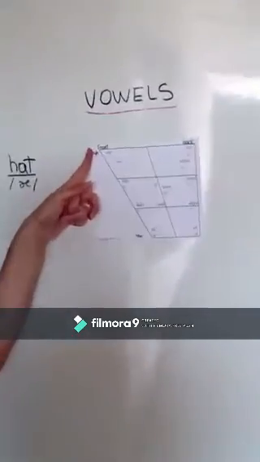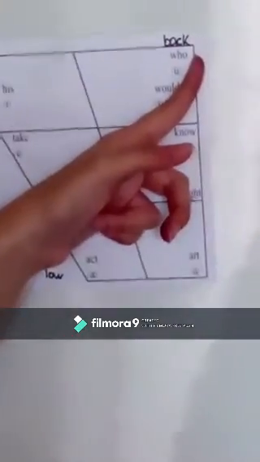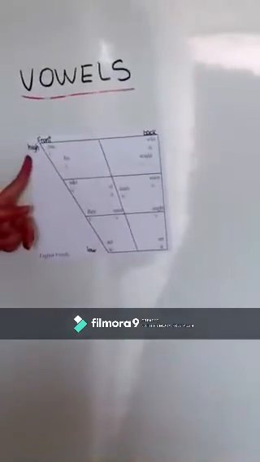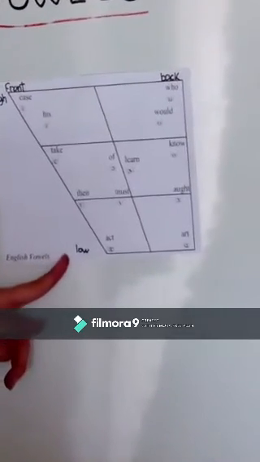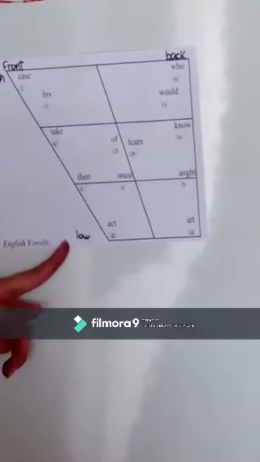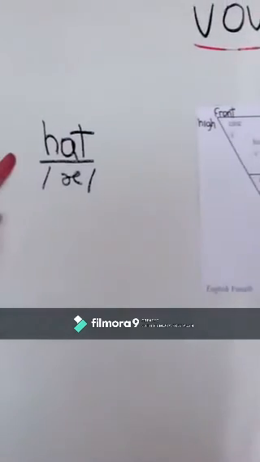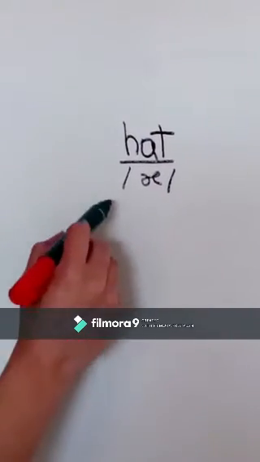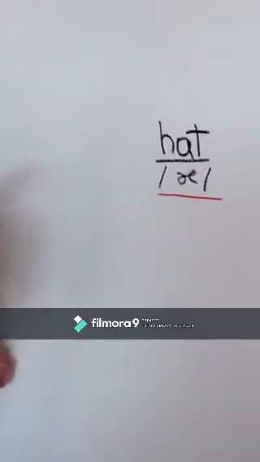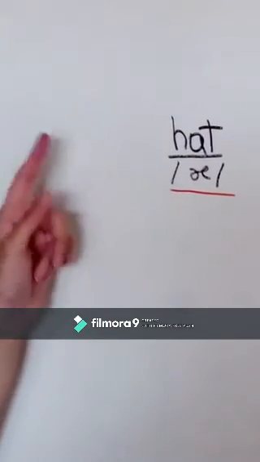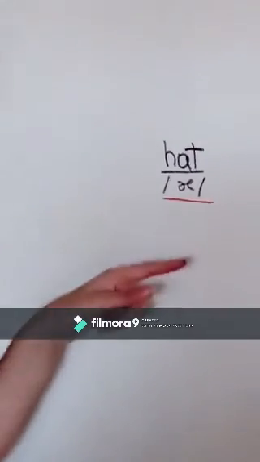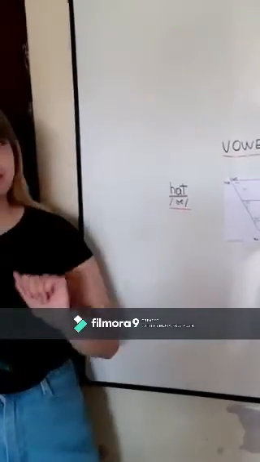And we have front, back, high, and low areas of the mouth. For example, in the word hat, we have the tongue in a low area of the mouth.